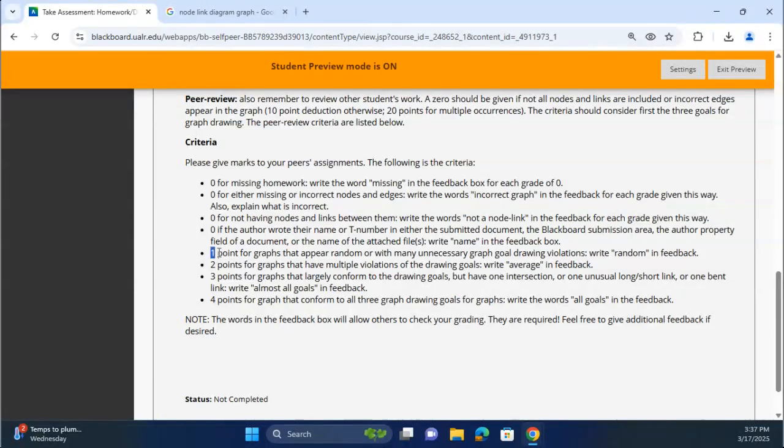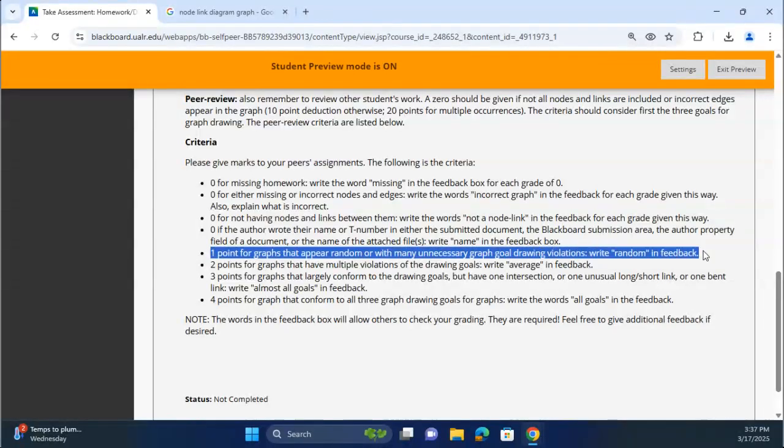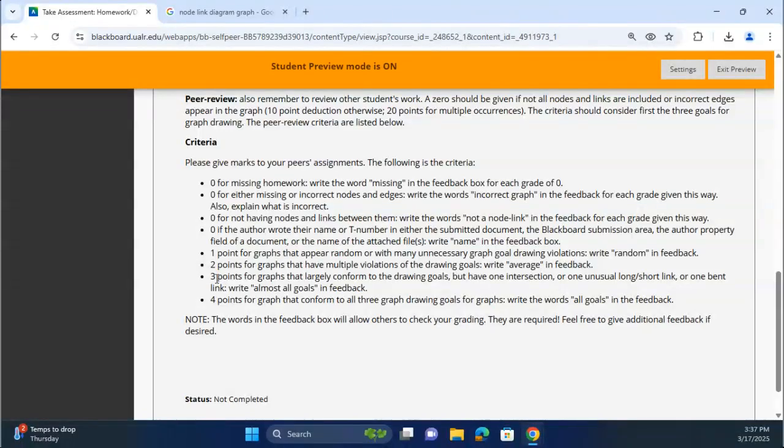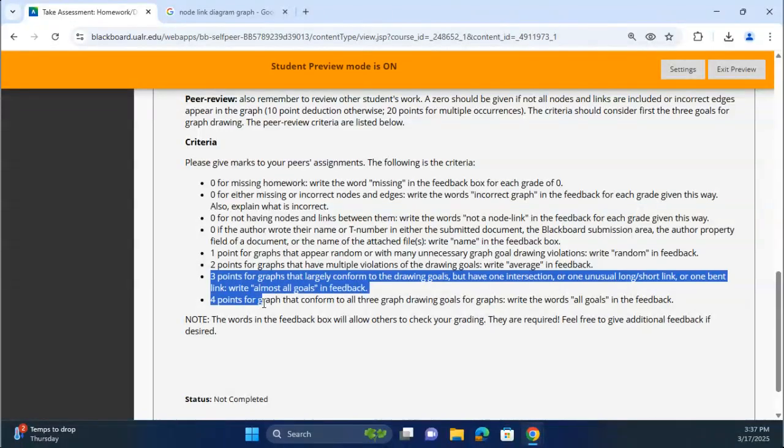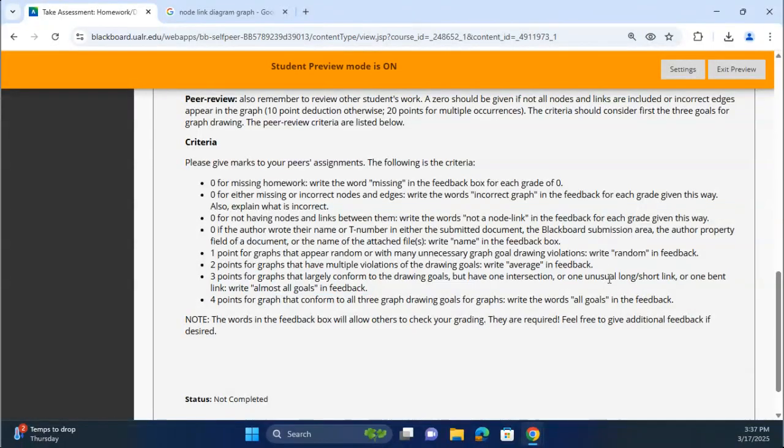And finally, if it looks like it's completely random, like somebody just drew everything, with 5 intersections and edges all over the place in length, or they're all bent around, none of them going straight, or most of them not going straight, things like those. There is a little bit of subjectivity between 1 and 2, but there shouldn't be any subjectivity for 3 and 4, or just a little bit on how you view the links.